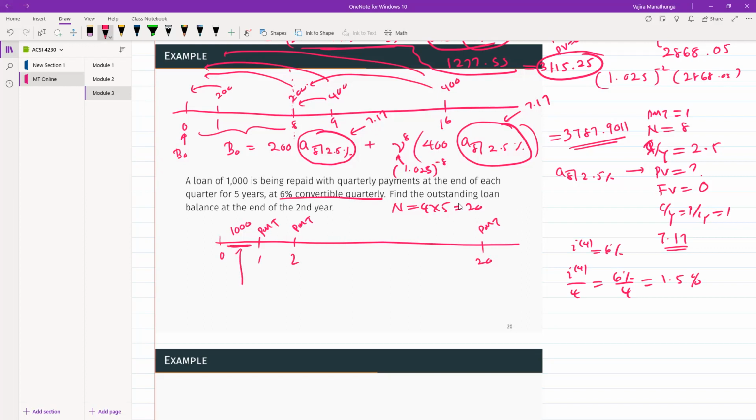So for this quarter, the rate is 1.5%. Find the outstanding loan balance at the end of the second year. So that means 1, 2, 3, 4. That's 1 year. Then 5, 6, 7, 8 is the second year. Okay, so at this point, what's the outstanding loan balance? So that will basically be B8. You don't know the B8.